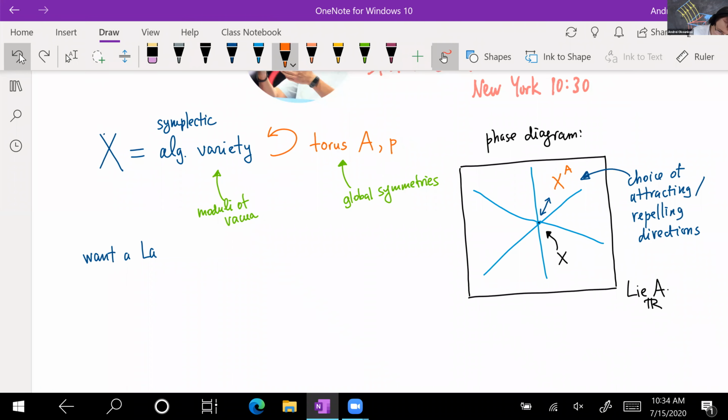Another familiar interpolation: say Z is a surface, and Z prime is a divisor in that surface.